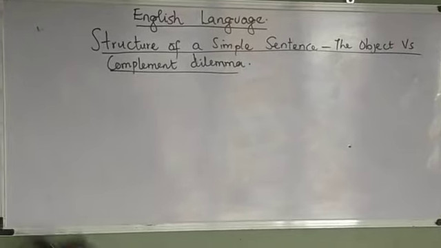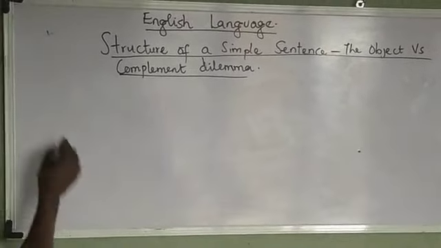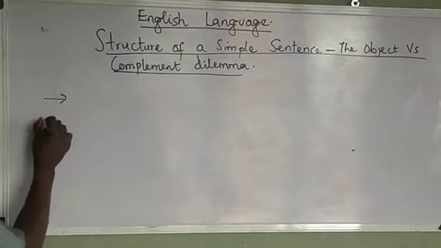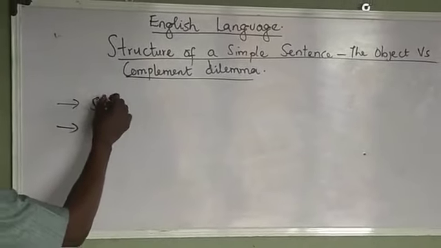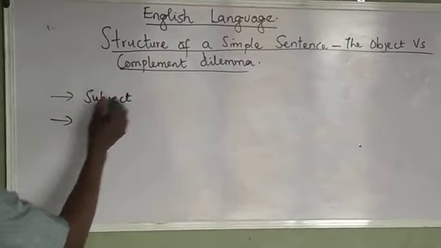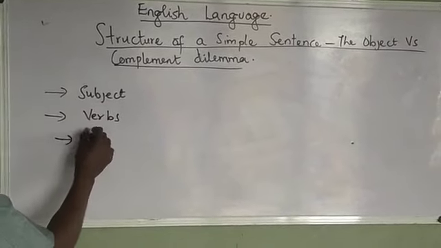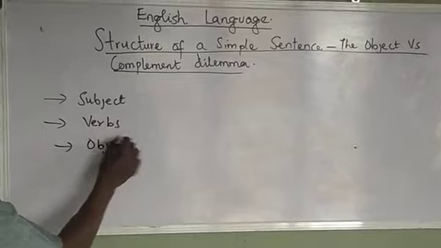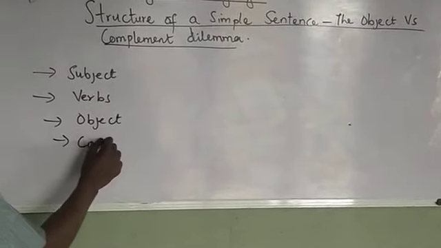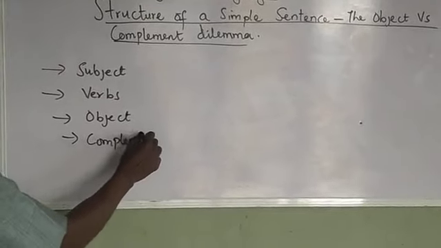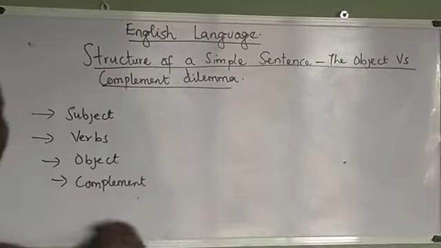So basically, a simple sentence contains 5 parts, and the 5 parts are the subject, the verb, the object, the complements, and the adverbials.